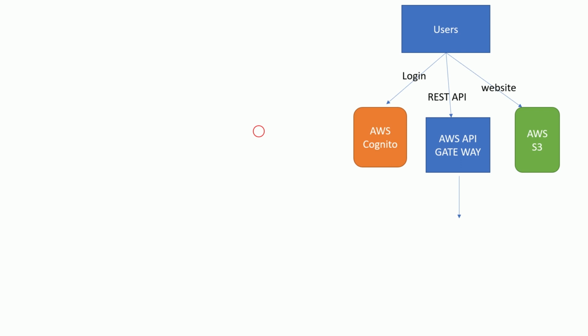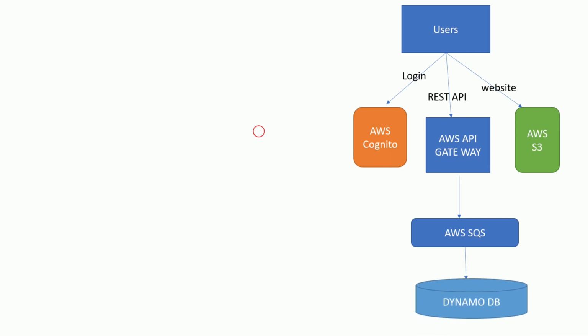If we want to do some messaging, we can use AWS SQS, which is again another serverless service in AWS. And if we want to finally store the information in a database, we can use DynamoDB, which is also managed by AWS, so it's serverless. These are all serverless services available in AWS.